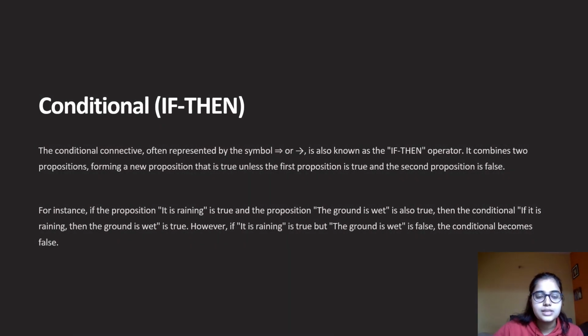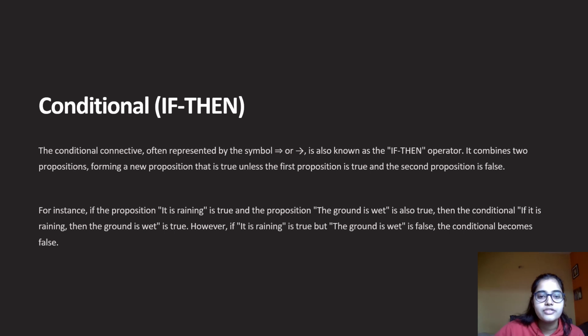Next concept is about conditional. It is also like an if then condition. The conditional connective is often represented by the symbol arrow. It is also known as the if then operator. It combines two propositions forming a new proposition that is true unless the first proposition is true and the second proposition is false.